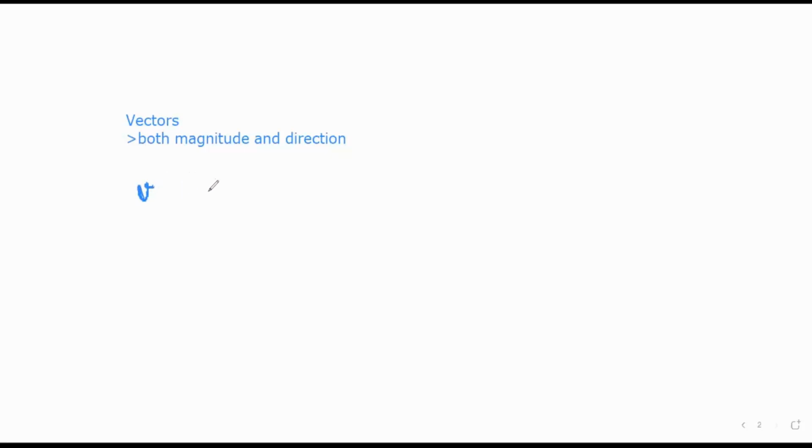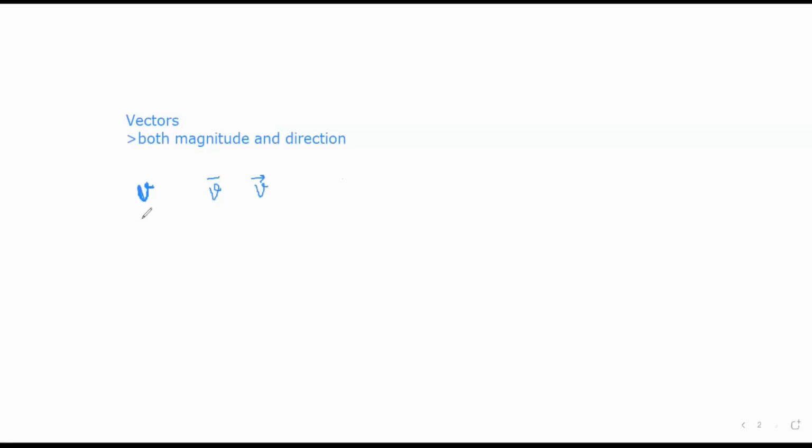Sometimes they use a normal v in italics and put a bar or an arrow over that quantity to denote that this is a vector quantity. So while writing, we should always remember to use a bar if we are working with vector quantities. Otherwise, we'll end up in confusion between vectors and scalars.